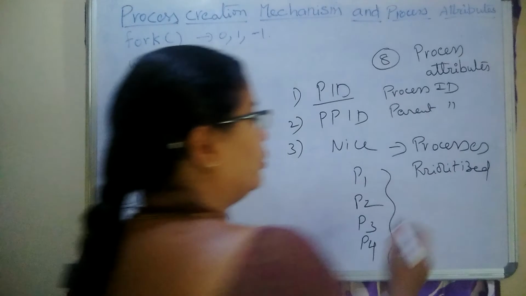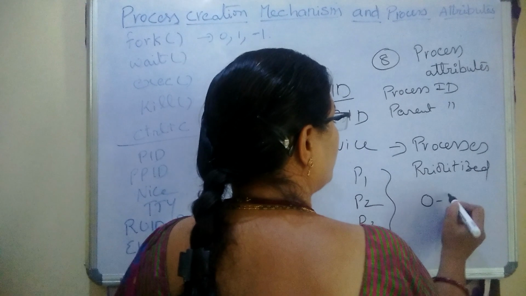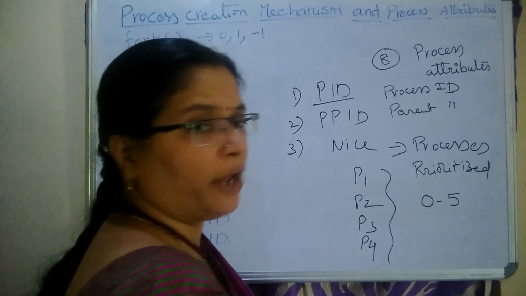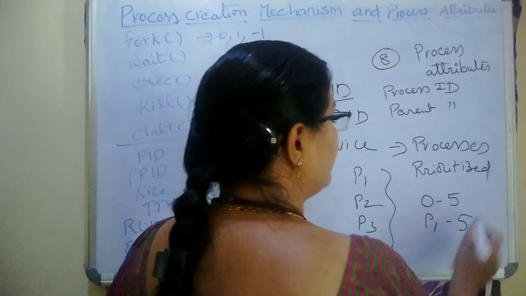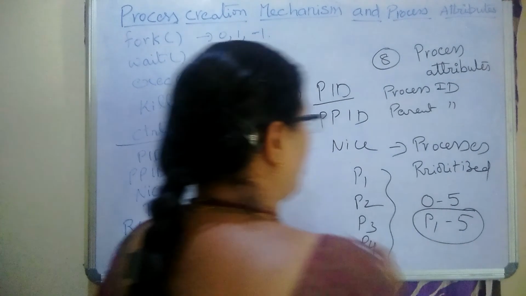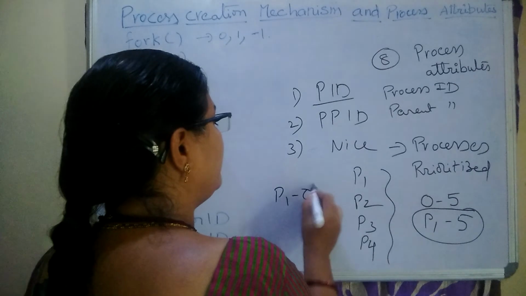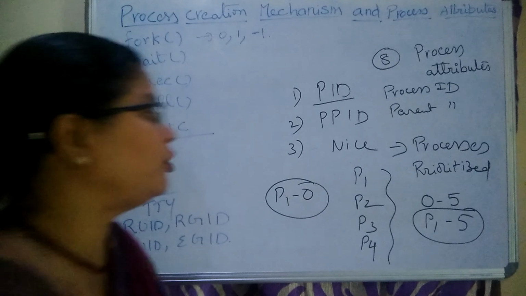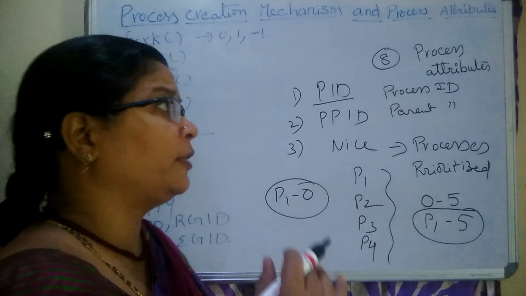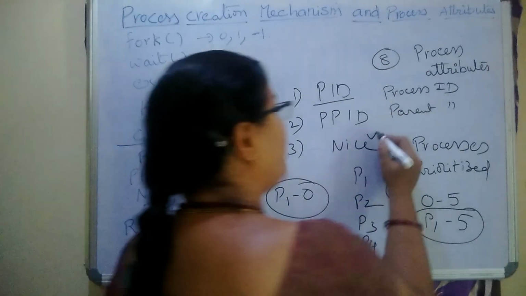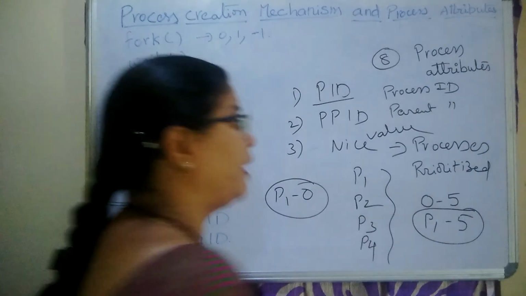NICE gives values to the process from 0 to 5. Whenever a process has the highest value, it has the highest priority. Whenever a process has a nice value of 0, it has the lowest priority. So in the process attributes, the nice value is also one of the attributes.